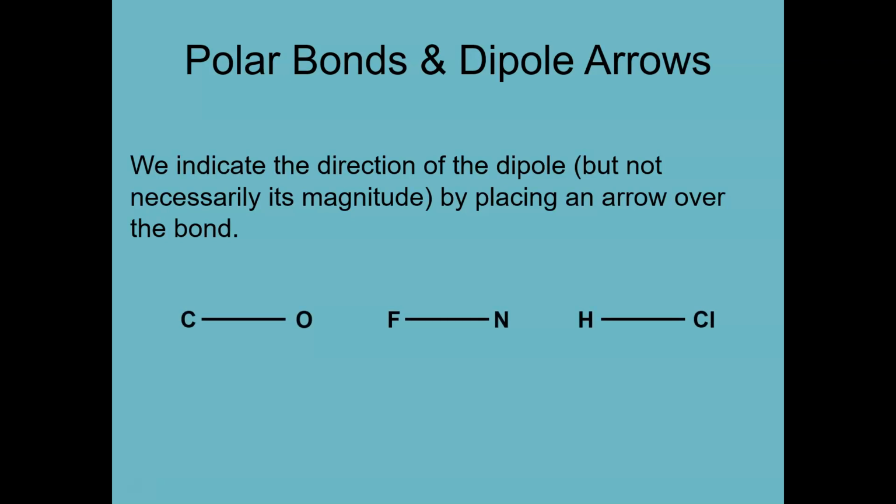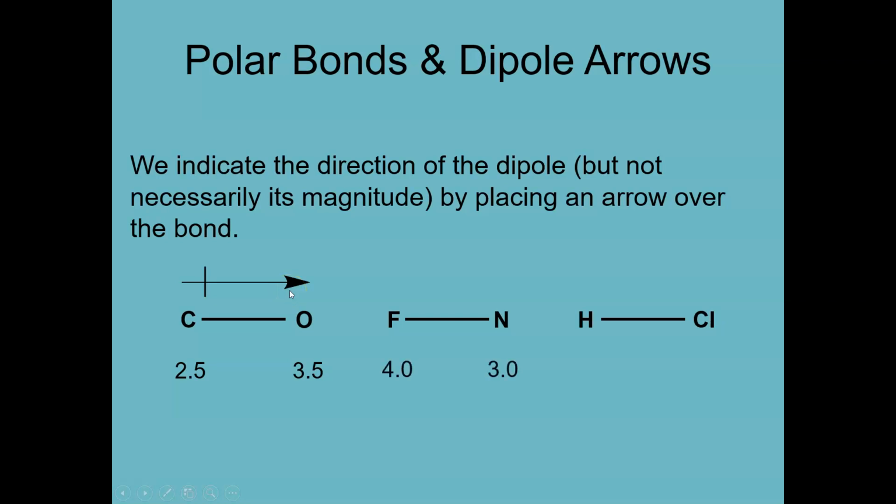So if we're looking at a CO bond, carbon has an electronegativity of 2.5, oxygen has an electronegativity of 3.5. So we draw the arrow in this direction with the partial positive end over carbon and the partially negative end over oxygen.